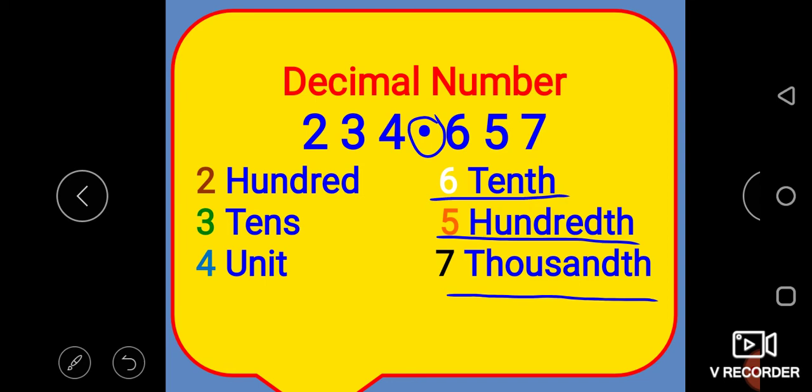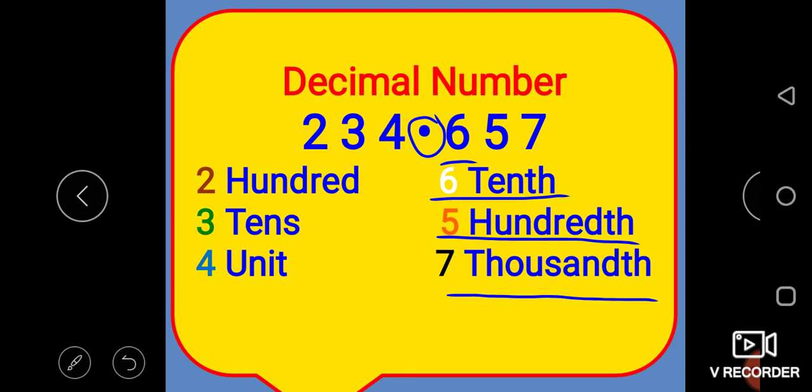Whenever you have a decimal number and you're asked to estimate to the nearest whole number, the whole numbers are the numbers before the decimal point, which is 234. Your focus must always be on the tenth number, the number that has a place value tenth. In this case, the number there is 6.